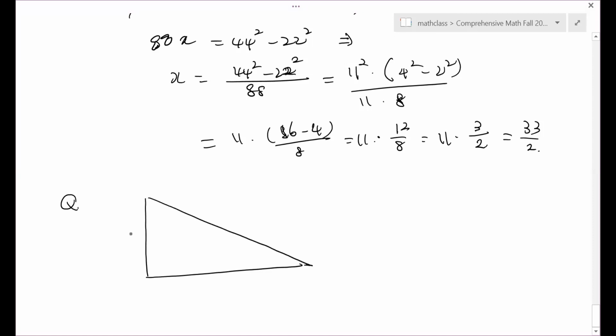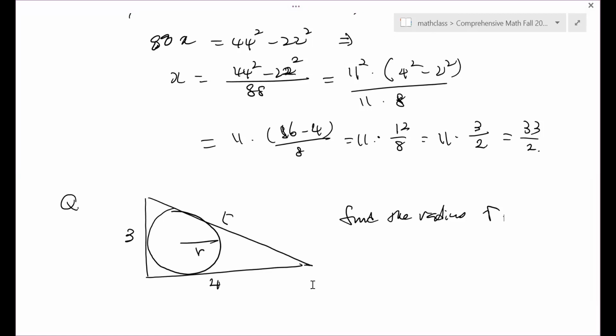Here's a 3, here's a 4, here's a 5. Then I have a circle inscribed in this. I'm going to find the radius. Please think about it. I'll give you the chance to look at the problem.